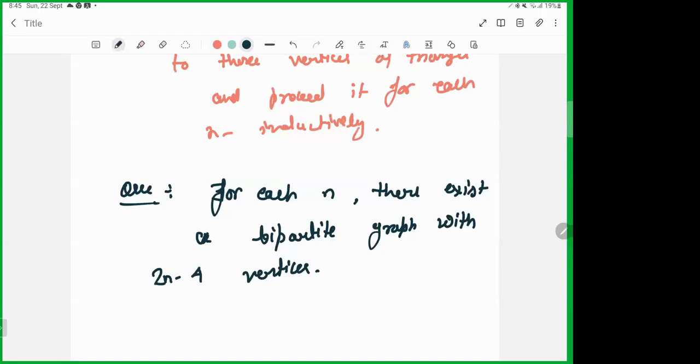Yes, and planar also. Otherwise you can get it easily. Yes. So whenever we add another vertex, that increases the.